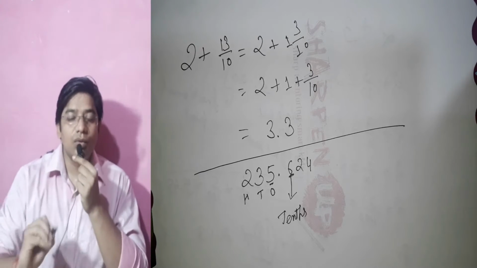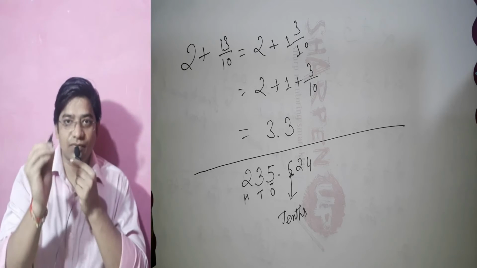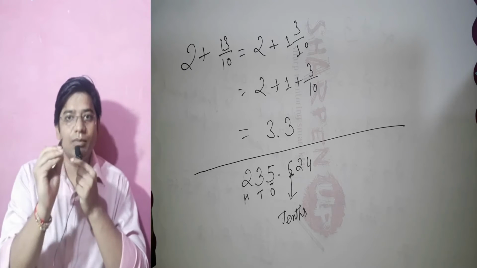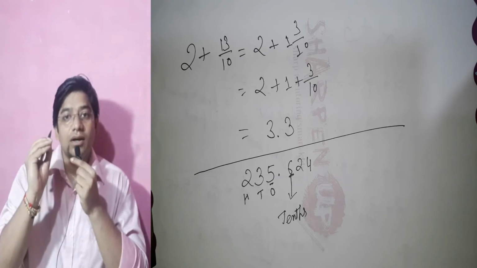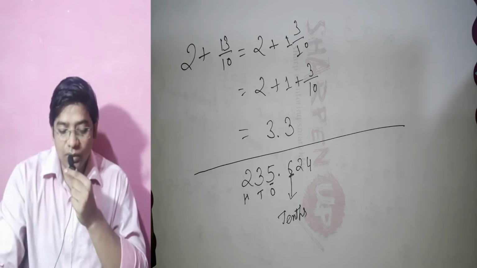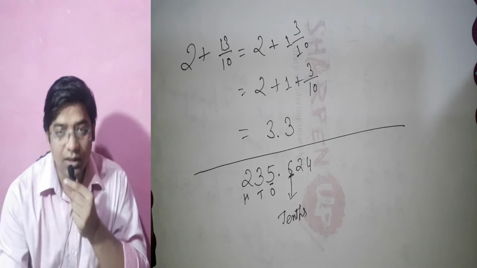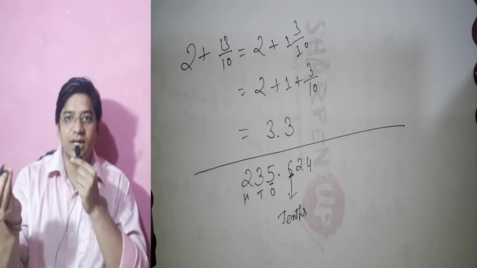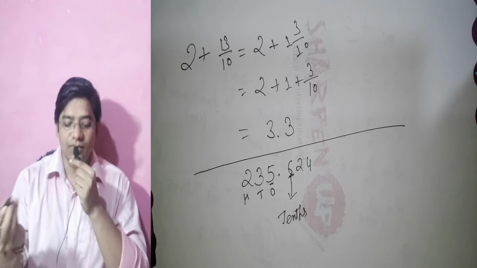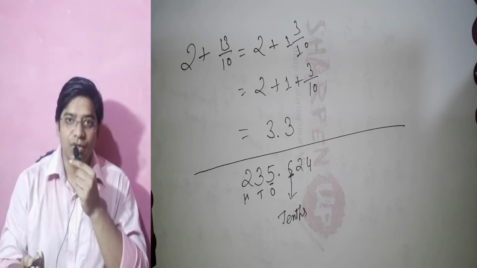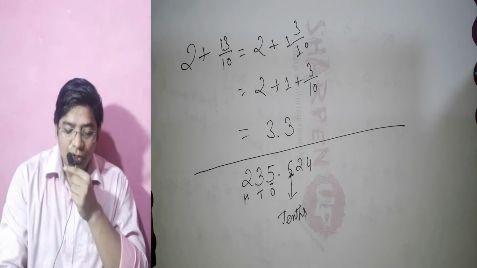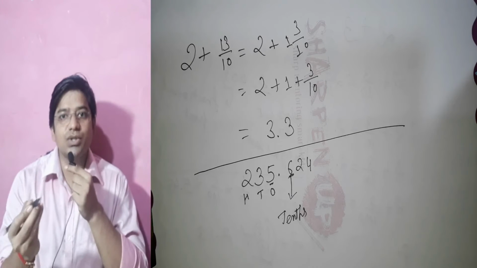Okay, we know that whole numbers start from ones, but our decimal number doesn't start from ones, because the first digit, if I represent it as a fraction, will be written as 6 upon 10. So this is a fractional value, and so there is no ones.